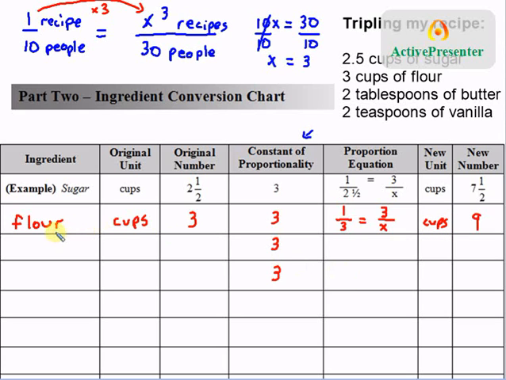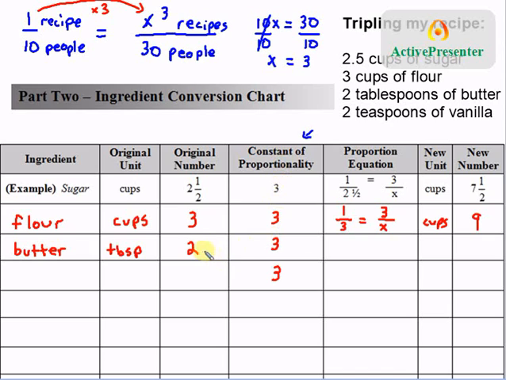Let's do it again. We'll take the amount of butter that we have, so we'll write butter over here. Everything is better with butter, or so I'm told. We don't use a lot of butter in our household, but that's okay. We have tablespoons here, abbreviated TBSP: 2 tablespoons of butter. And there's our constant of proportionality.